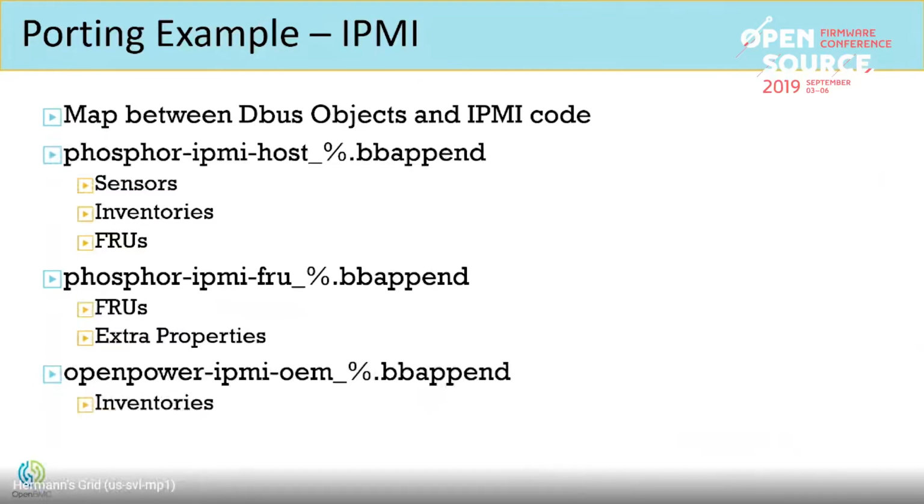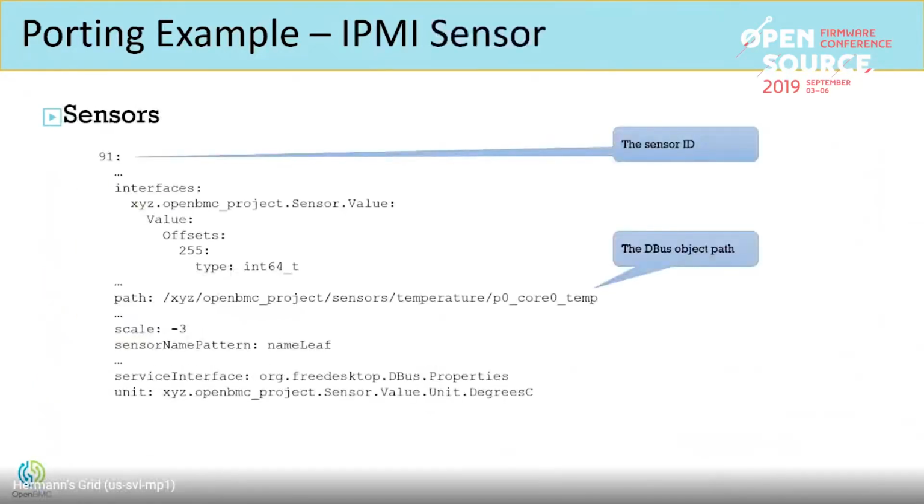Let's see the examples. First one: if we want to define an IPMI sensor, which maps the dbus object to IPMI, we need to have the sensor ID, which is predefined between the BMC and the host. Then we need to define the interface and the dbus object path. In this example, we map the dbus object, P0 core 0 temperature, to IPMI sensor ID 91.